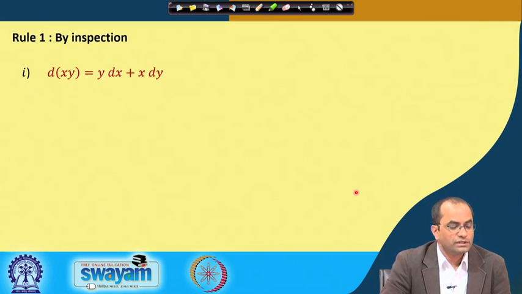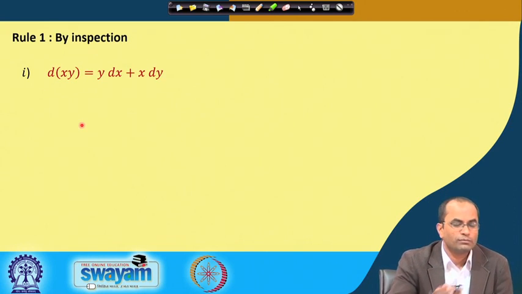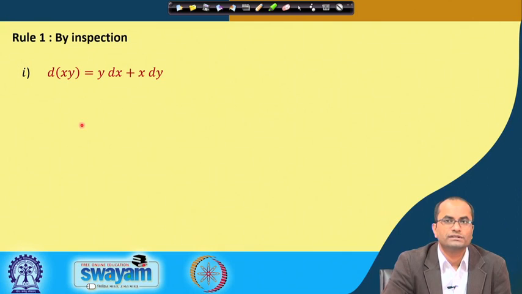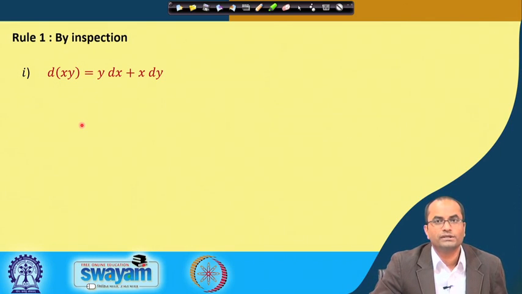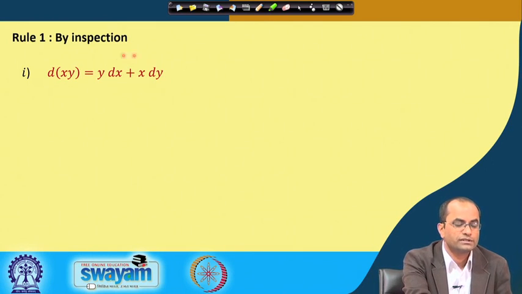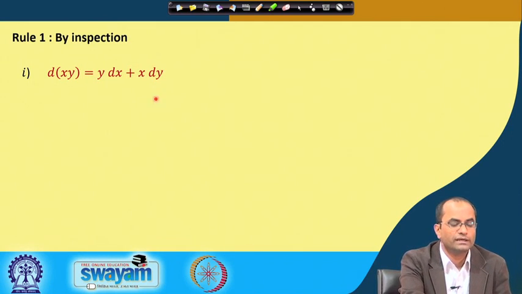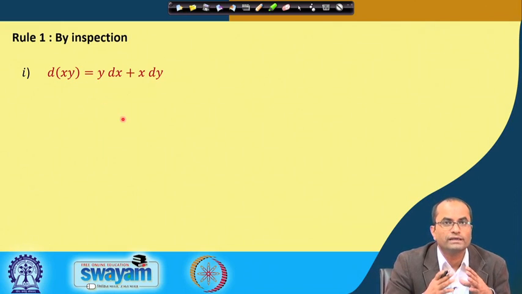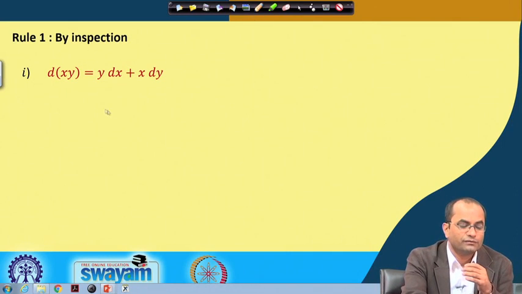Here are some of the standard forms we will discuss, and there could be many more, maybe non-standard, but they can help if we know whose differential is exactly this term. For instance, if we have the term y dx plus x dy, this is nothing but the differential of xy, and we can verify easily.